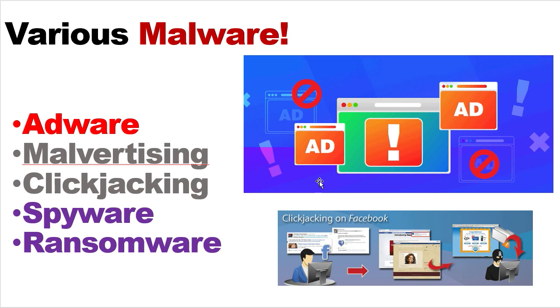Based on that preference, they can lure users to become a victim of their malware. And once they install the malware on the computer, they can get complete control of it. So that's why we have to be very careful before we click on such advertisements.